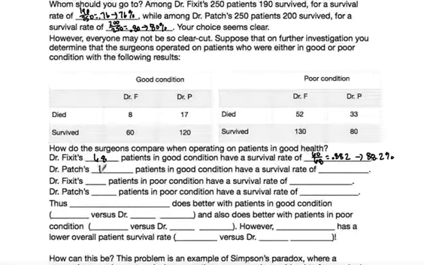Okay, Dr. Patch had 137 patients in good health, and he had 120 who survived. So he has a survival rate of 120 over 137, which is 0.876 or 87.6%.